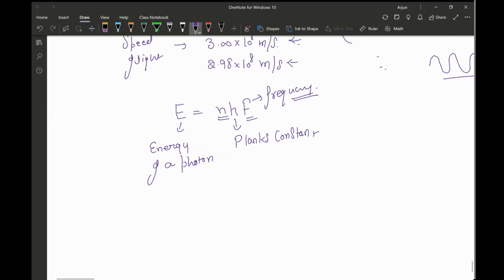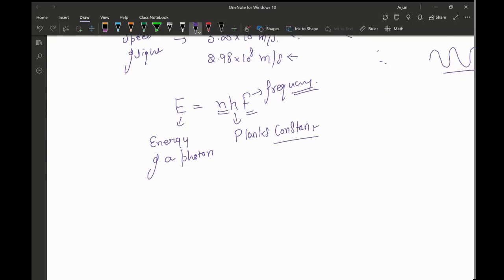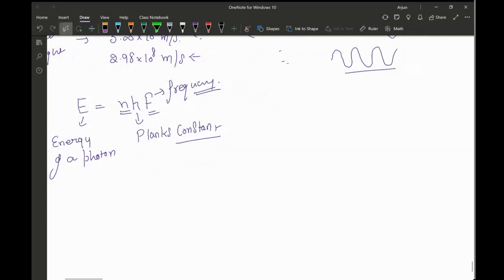Now, this formula was given by Planck, and he tried to find out the energy associated with each photon of the light. Basically, what Planck said is that light is more of tiny particles, which travel in a straight line, and every tiny particle has some kind of energy associated with it. So if I wanted to find the energy associated with this tiny particle, it will be equal to E = hf, where f is the frequency associated with this particular particle.